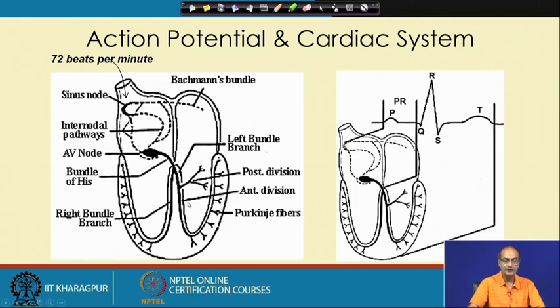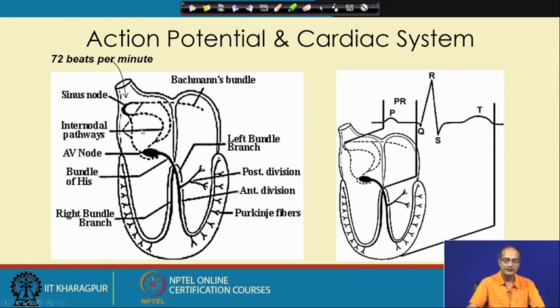Here the ventricles also will be in a compressed state for some time, and then they should relax and get ready for the next cycle, because by the time they are pumping the blood out of the heart, at the same time the atria are accumulating the blood from outside.